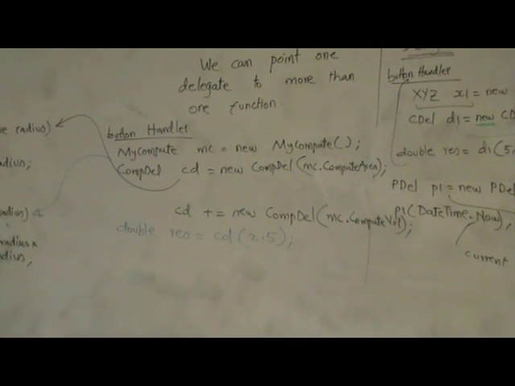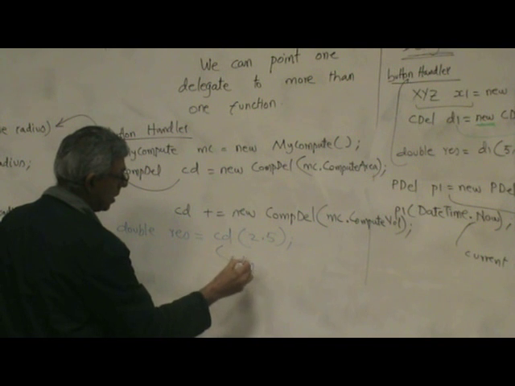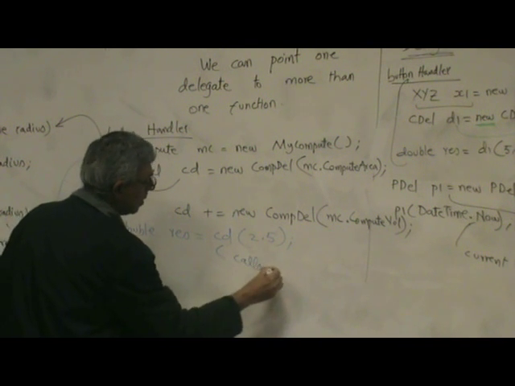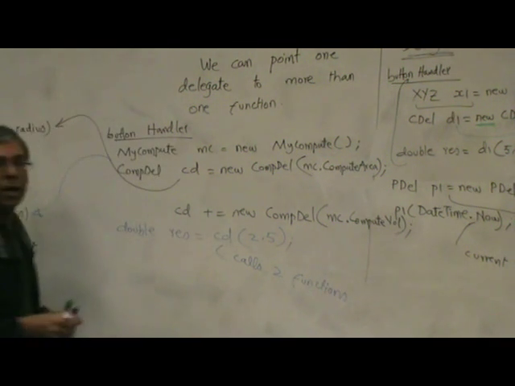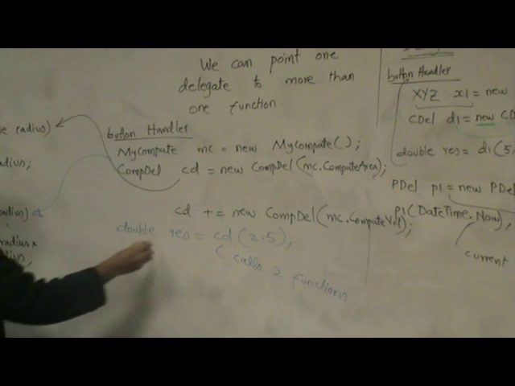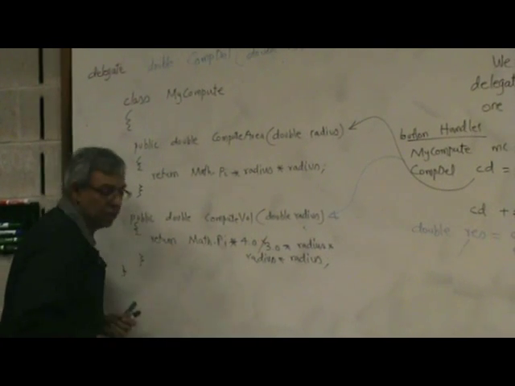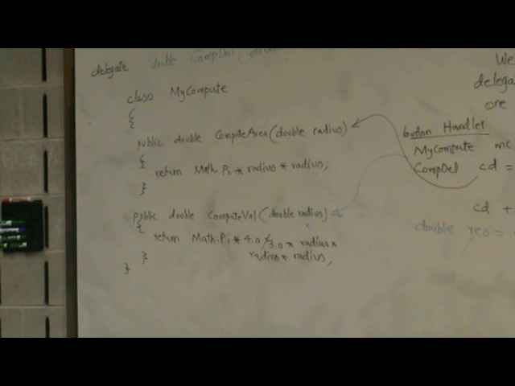So this will actually call two functions, right? Okay, so the question is, what will be in the result? Will it be the result of compute area or will it be the result of compute volume? Because they both return different results.